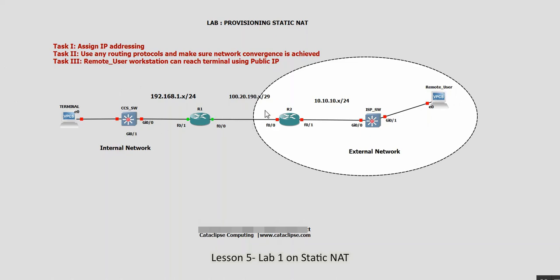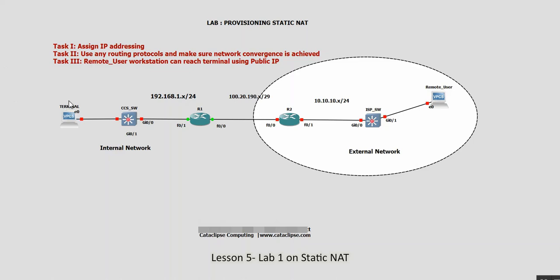Between the two routers, of course, there's a public IP range that was given to the internal organization. This public IP block has 6 host IP addresses available. That means I can use from 100.20.190.1 all the way to 6. So basically .1 and .2 will be given to these two interfaces under R1 and under R2. The third one will be .3.